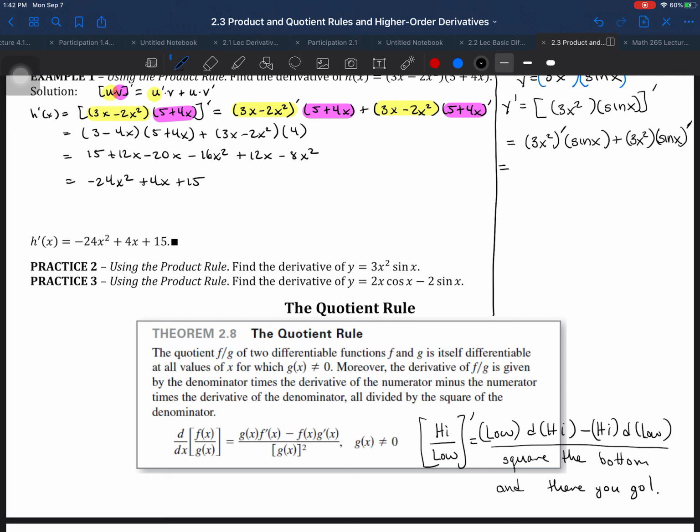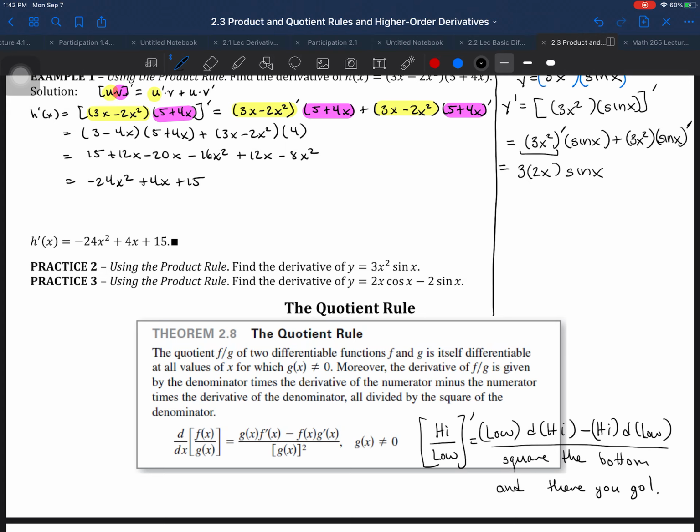You guys notice that by doing this, I don't have to think about the product rule anymore. All I have to do is focus on doing this derivative. To do that, I go back to the power rule. So I have the 3 that carries over, and then the power rule for x squared is going to be 2x, followed by just sine of x.